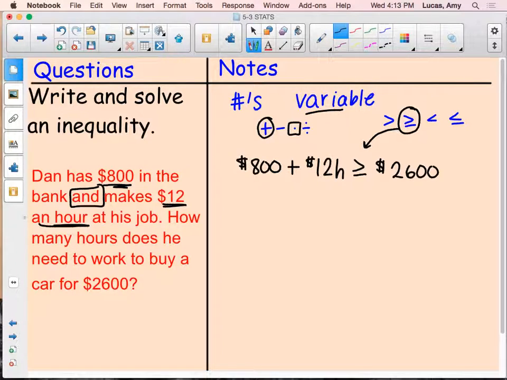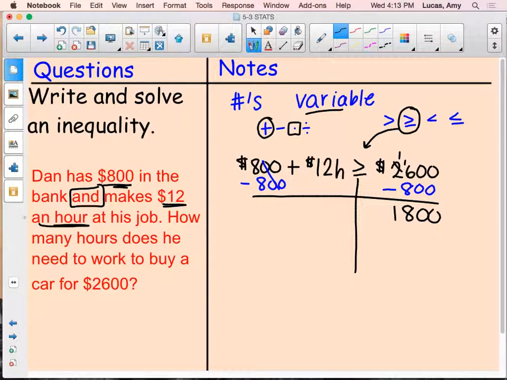Okay, so now, if we solve this inequality, we're going to subtract the 800 that he already has. That should make sense. We're trying to get to 2,600, and he's got 800. So let's see how much more he needs. So he still needs $1,800. So if I bring down the 12H and greater than or equal to, we need to divide by 12 on both sides to figure out how many hours he needs to work.